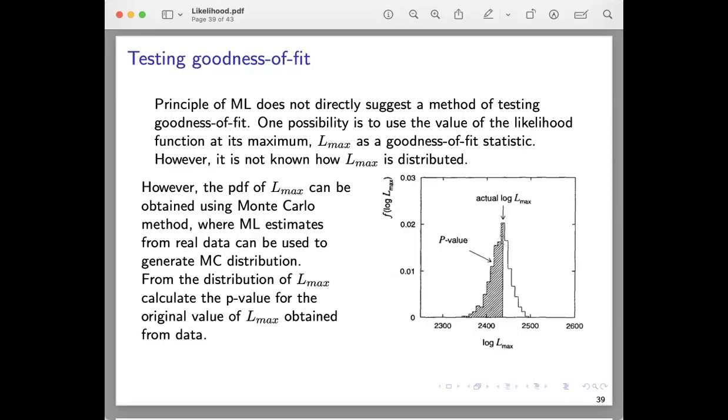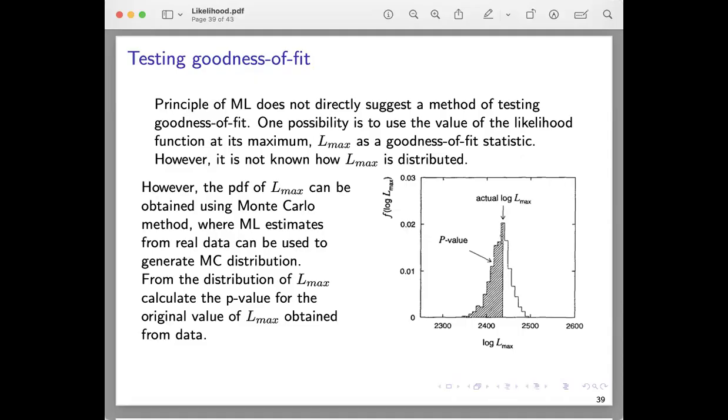So to get this distribution, in order to know whether the observed likelihood value is good, you can do some Monte Carlo studies. You can get the PDF of the maximum value of the likelihood using the Monte Carlo method.